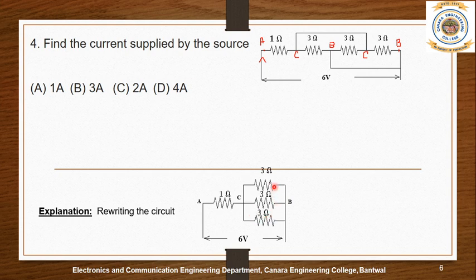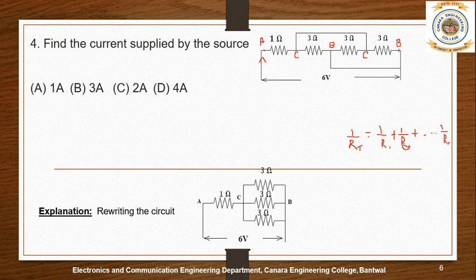Now first I have to reduce this to an effective resistance. When 3 resistors are connected in parallel, what is the effective resistance? When n number of resistors are in parallel, then 1 by RT equals 1 by R1 plus 1 by R2 plus so on 1 by Rn.